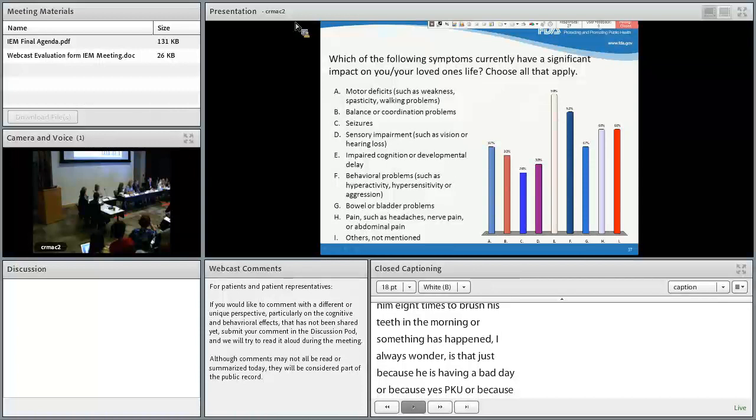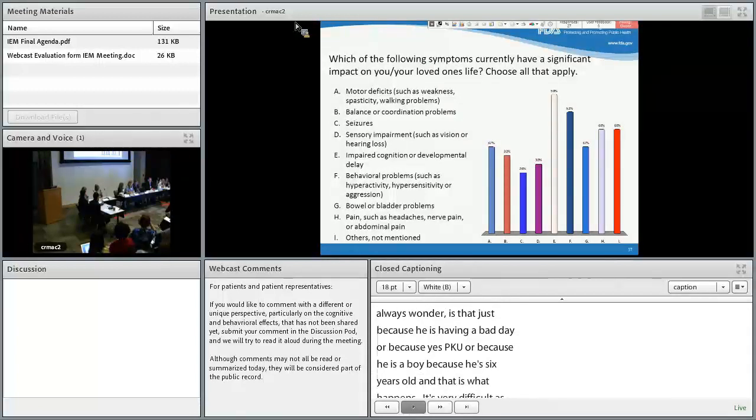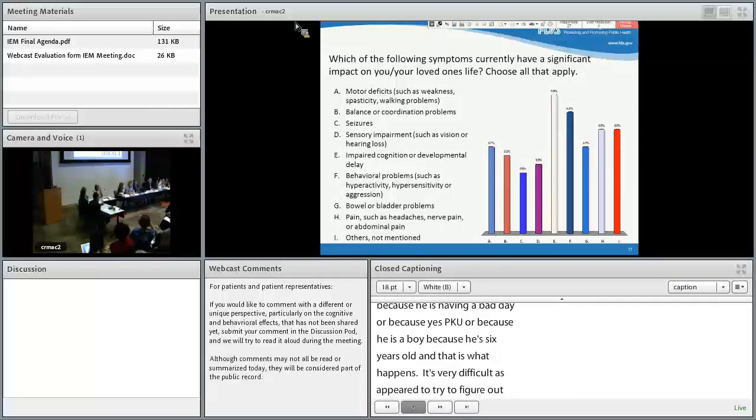Is it because he's a boy? Is it because he's 6 years old and this is what happens? It's very difficult as a parent to figure out how to discipline when you're not quite sure of the causes, and that's a constant struggle for my husband and me, to figure out the underlying cause. There's a lot of gray.